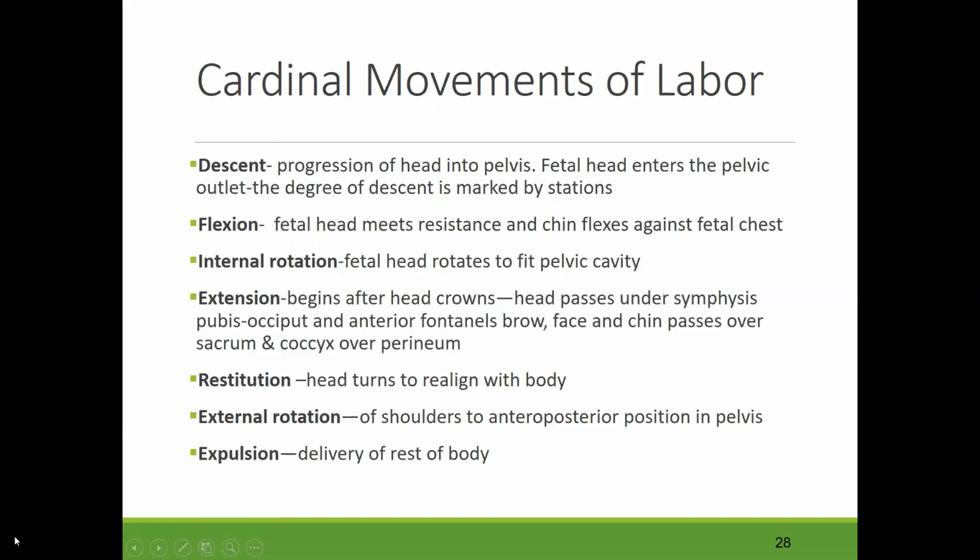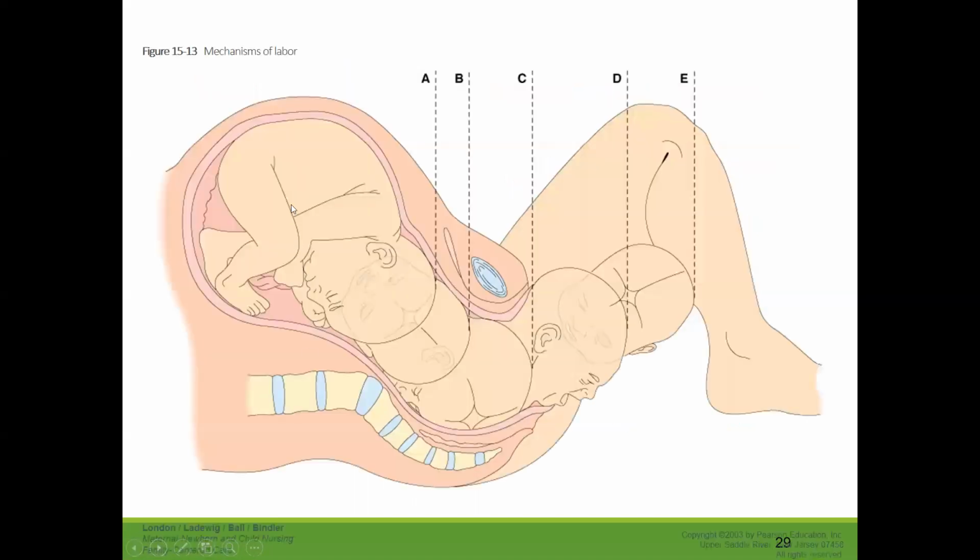So in this diagram, again, baby comes in, it is descending, you get the flexion, and you get the internal rotation. So it comes in and then it turns with its face kind of smushed down into mom's spine. And then you get some extension. So right here would be head is crowning, and then you get the extension.